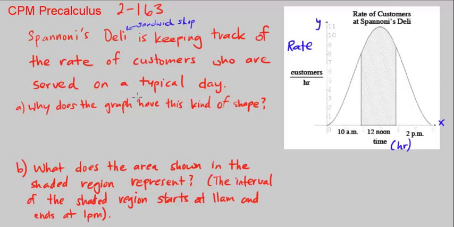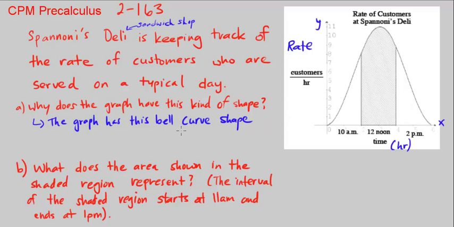So why does the graph have this kind of shape? I would even say it looks kind of like a bell, this bell curve shape. I'm just saying that because that's a specific shape you're going to learn about in another class in the future.